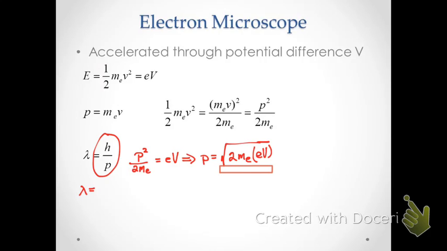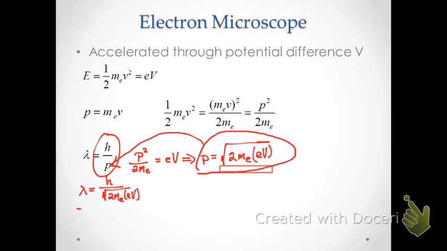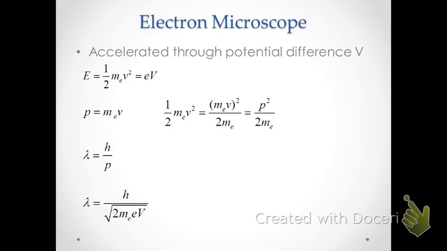So, substituting this expression for p into our expression for lambda, we get a simple relationship here which shows the wavelength of an electron accelerated through a potential difference V, and we can calculate then the wavelength of that electron. Now, in electron microscopes, the voltage tends to be very, very high, on the order of tens of kilovolts, for example.